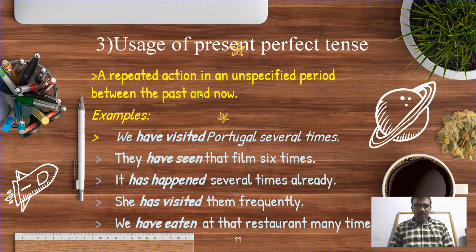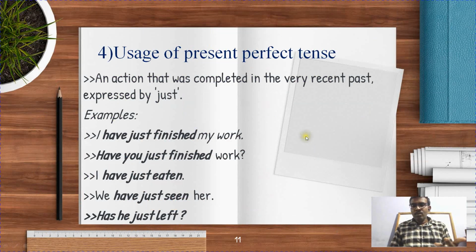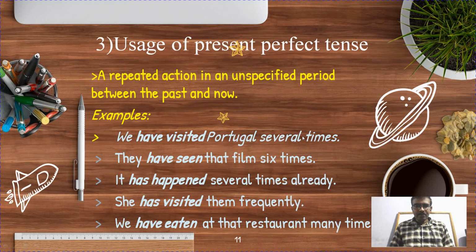Okay, examples between the past and now. Repeated actions. So the repeated action has begun in the past. It has not yet completed. So this also can be taken as an unfinished action, a repeated action. Repeated means unfinished, right? Examples: we have visited Portugal several times. So particular people might have visited Portugal several times, right?